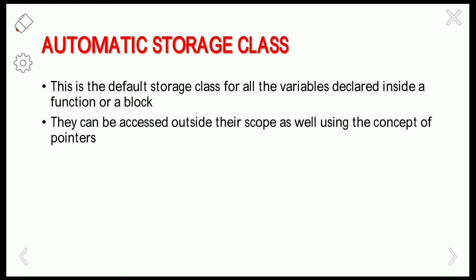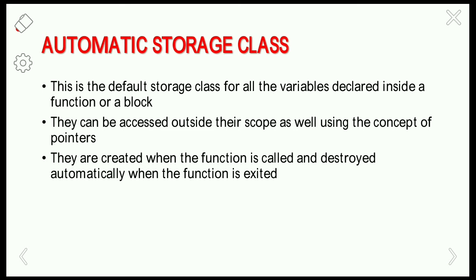They can be accessed outside their scope as well, using the concept of pointers. So the automatic storage class can be accessed outside of its scope also. We can use a particular variable outside of the scope by using the pointers concept.